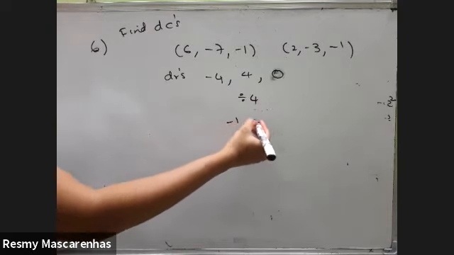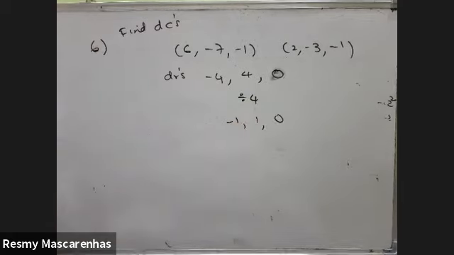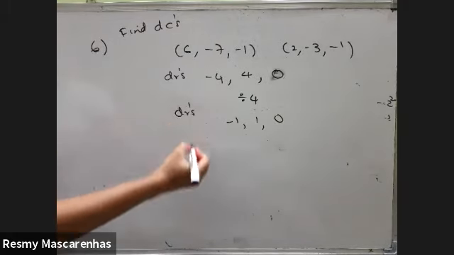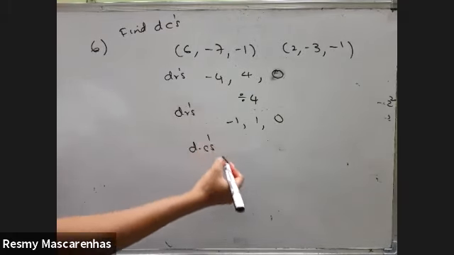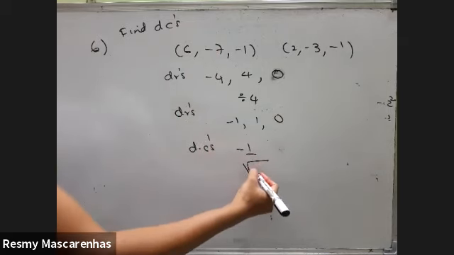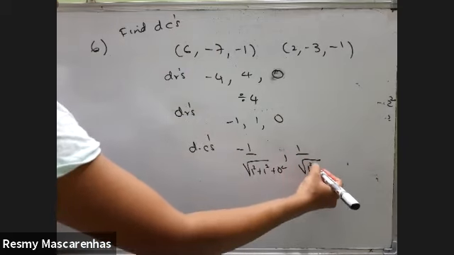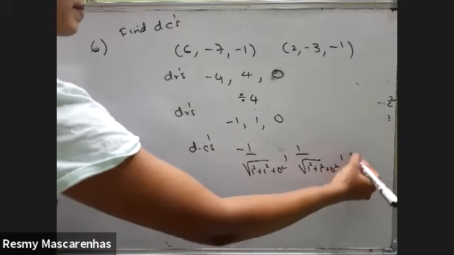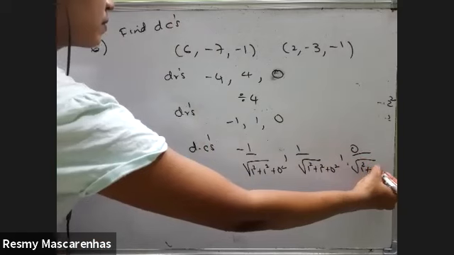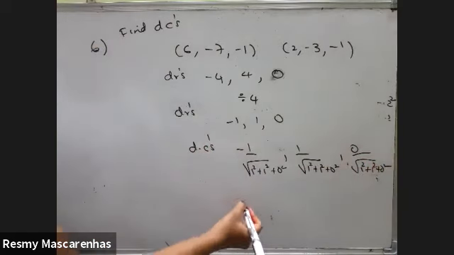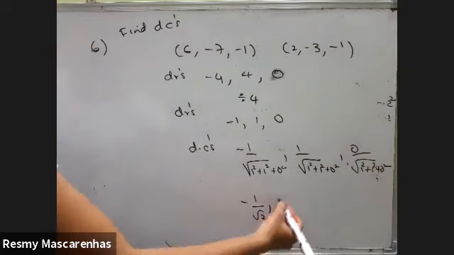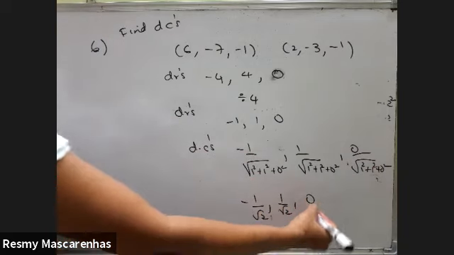Divide by 4, so minus 1, 1, 0. These are your direction ratios. And direction cosines will be minus 1 by root 2, 1 by root 2 and 0.